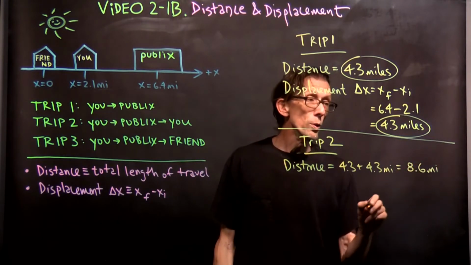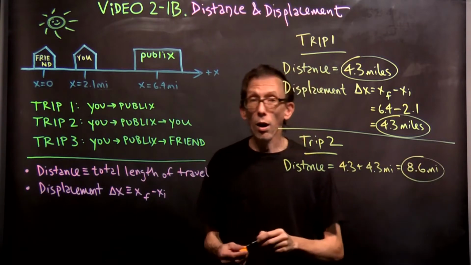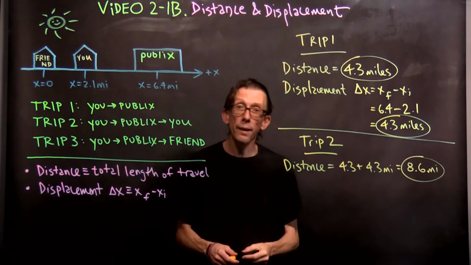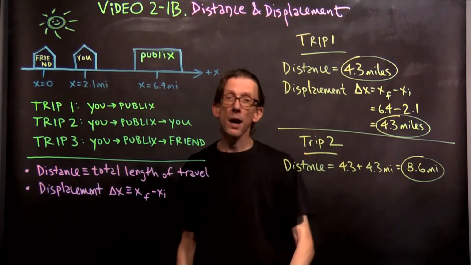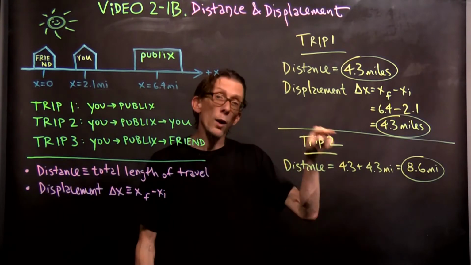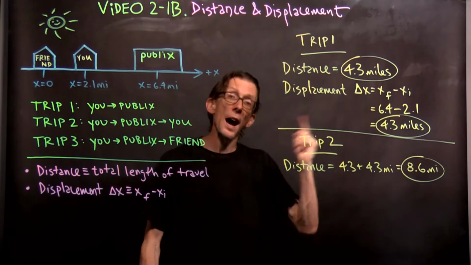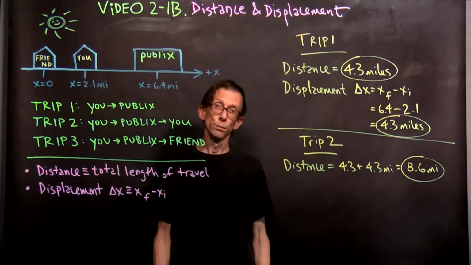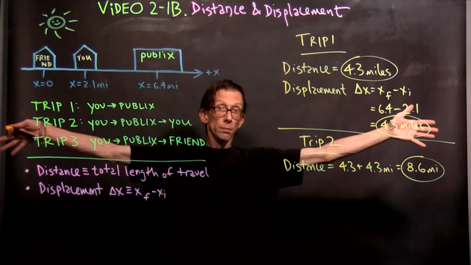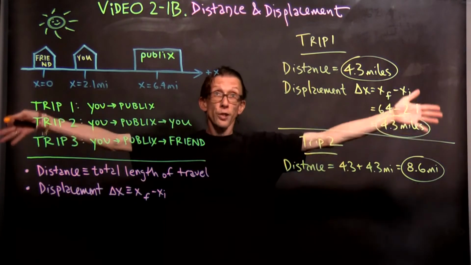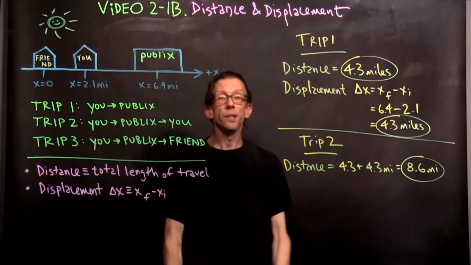So when you get in your car and you drive to Publix and you drive back, the distance you've traveled is 8.6 miles. Your odometer now reads 8.6 miles higher than it did when you started. See that? Okay, very intuitive. The total distance you traveled in your car is 8.6 miles.